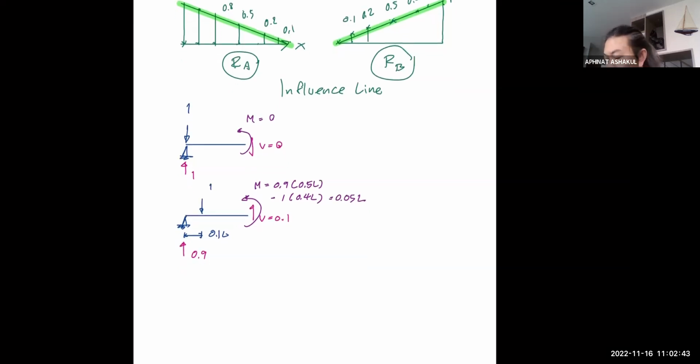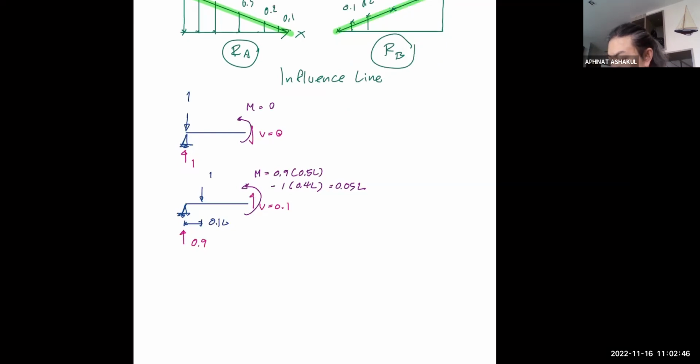Now, move on. Next point. If I placed it here at the location 0.2 L, that is 1. Now the reaction is 0.8. What would be the shear?